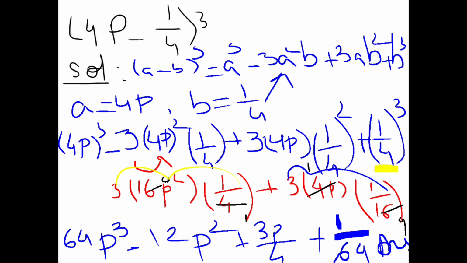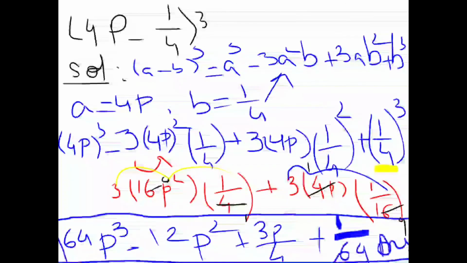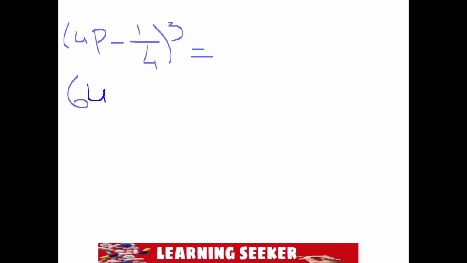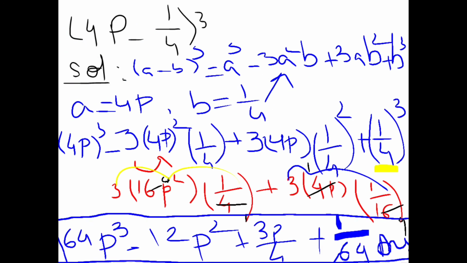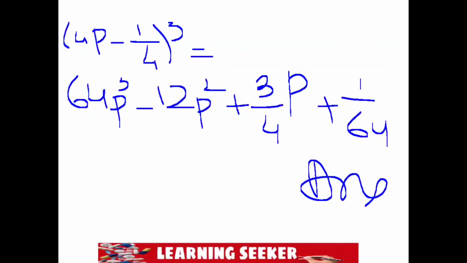So we can say 4p minus 1 upon 4 whole cube is equal to 64p cube minus 12p square plus 3p upon 4 minus 1 upon 64, which is the solution.